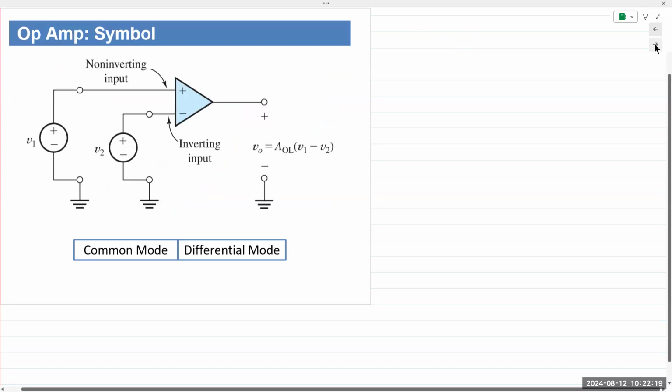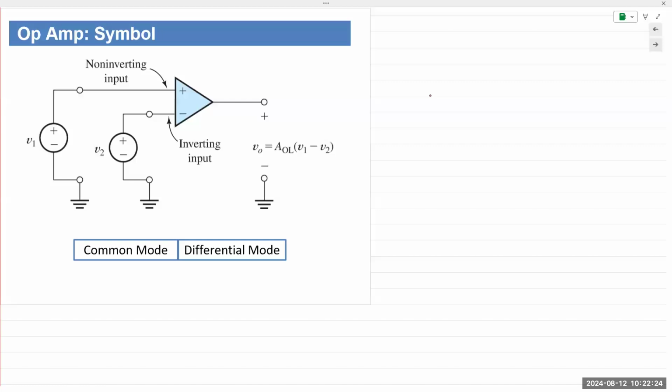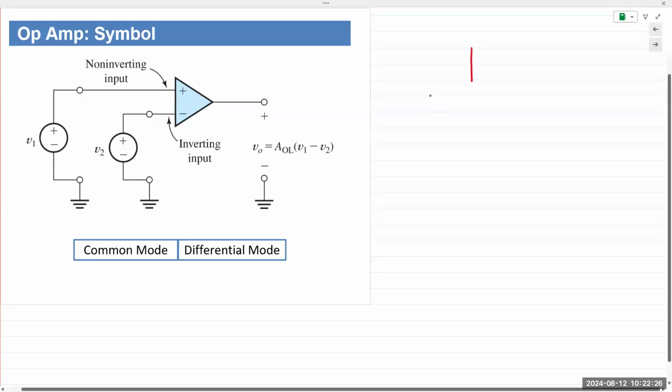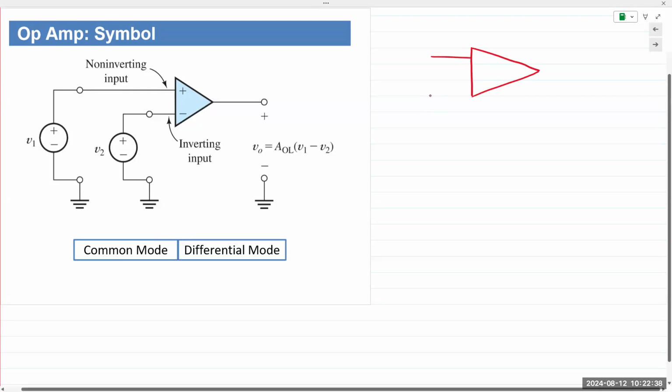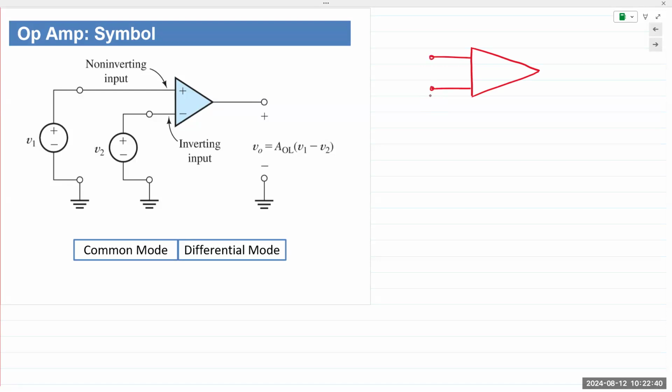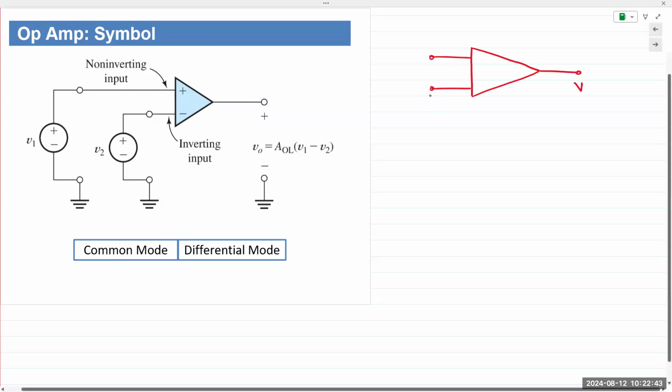The op-amp symbol is a triangle, not like the diode. The diode is pretty small. An op-amp, just to illustrate, would have a big arrowhead, typically pointing towards the right. On the left, you have the inputs. And on the right, you have the output. Okay. This is V in negative, and this is V in positive.